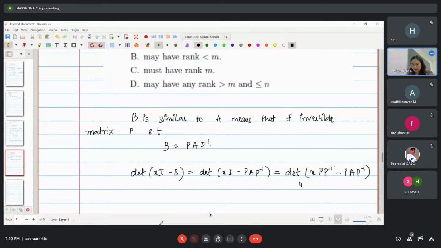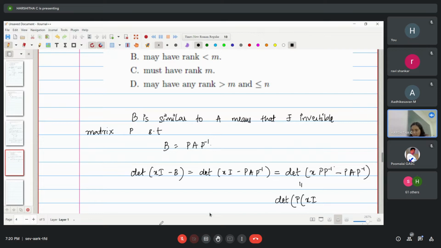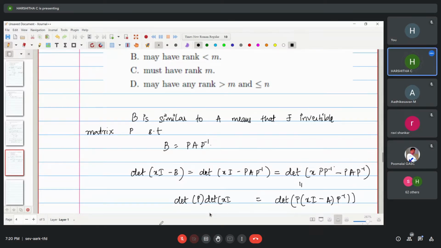So the determinant splits: determinant of AB is equal to determinant of A times determinant of B. We write it as P times, taking P common on the left side and P inverse common on the right side, so this is determinant of P times determinant of xI minus A times determinant of P inverse.